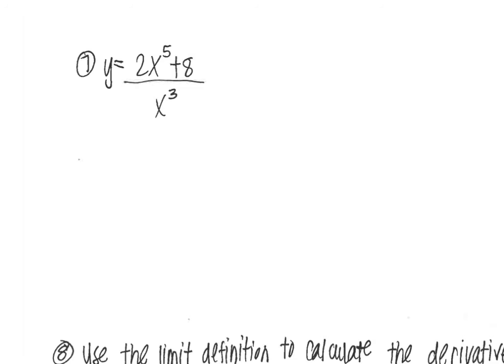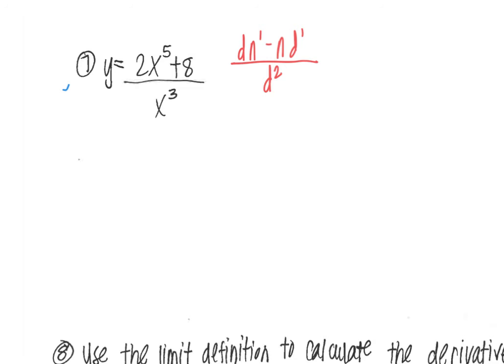Got another quotient rule. Y equals 2x to the 5th plus 8 divided by x cubed. So do remember that quotient rule is denominator, derivative of the numerator, minus numerator, derivative of the denominator, all over the denominator squared. Quotient means divide.